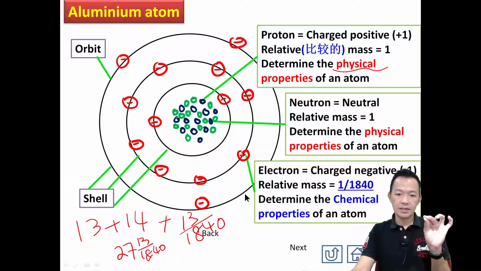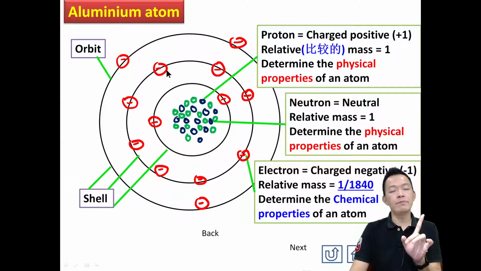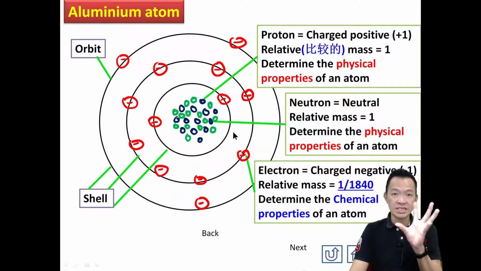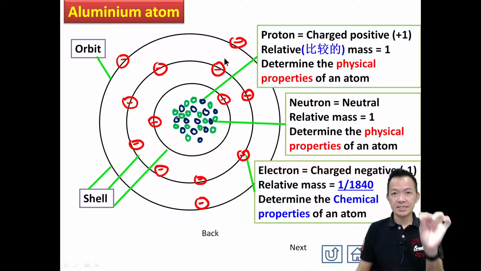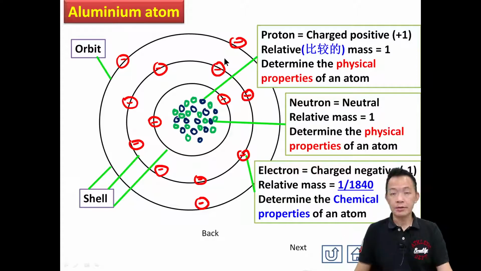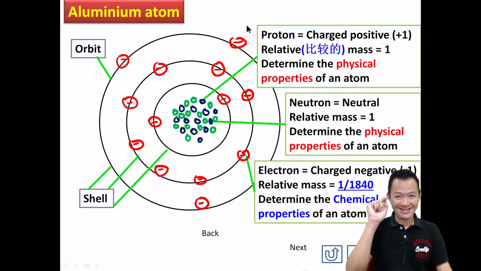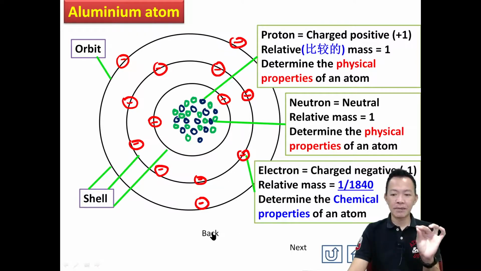When we calculate the mass of the atom, electrons are not included, we just count protons and neutrons. Why? Because the mass of the electron is too small. When you have a million, you don't pick up a 10-cent coin dropped on the floor. So the answer is 27. Don't include electrons, or you get zero marks. This is our modern atomic model.